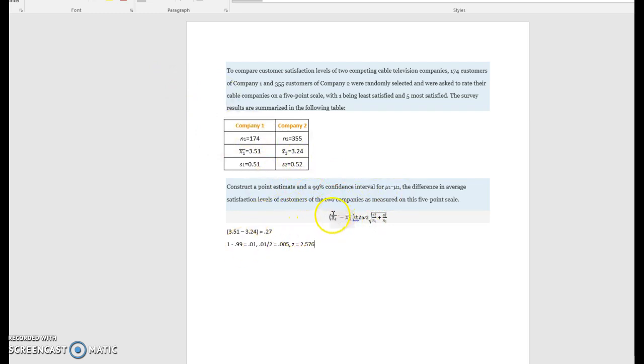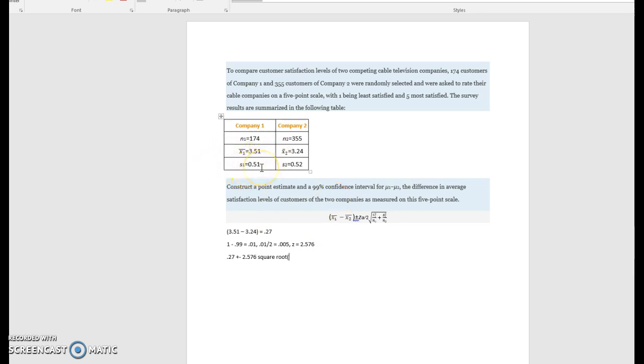So let's now fill into this formula using the information in the table. First, notice we needed x bar 1 minus x bar 2, and we already did that right here. That's 0.27. So let's just put 0.27, and then we'll have the plus and the minus, and then our z of alpha over 2 was 2.576, and now we need our square root, and we'll need s1 squared.